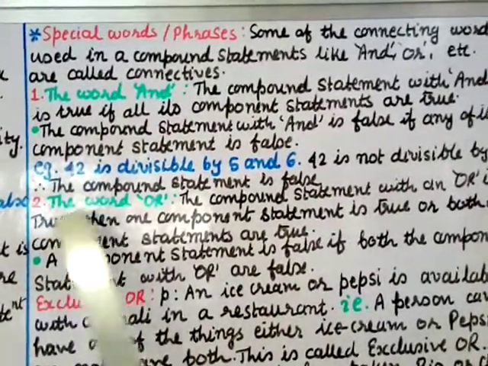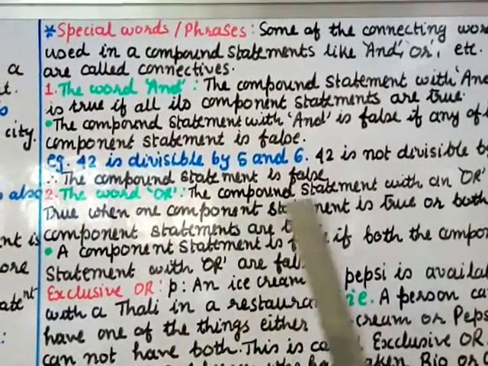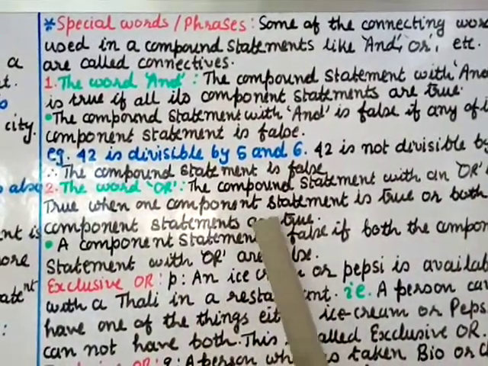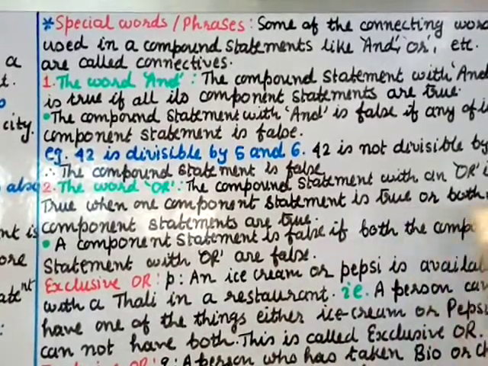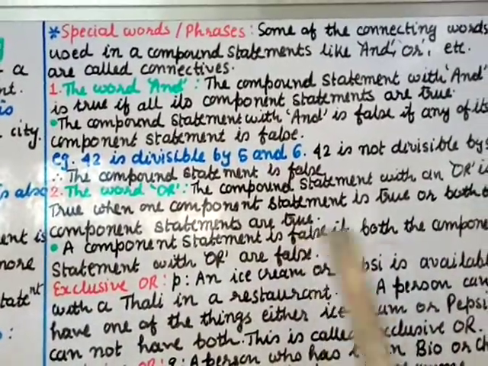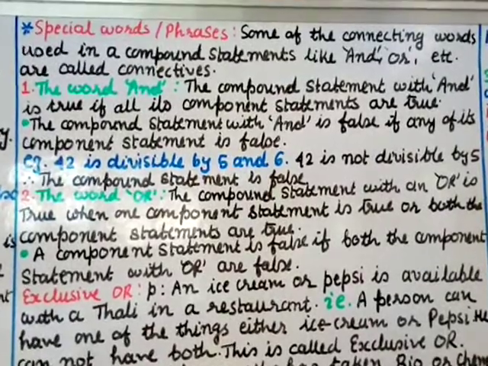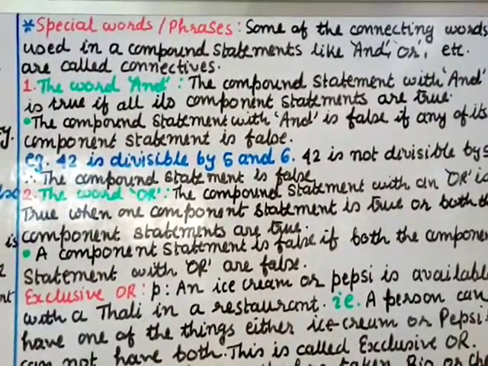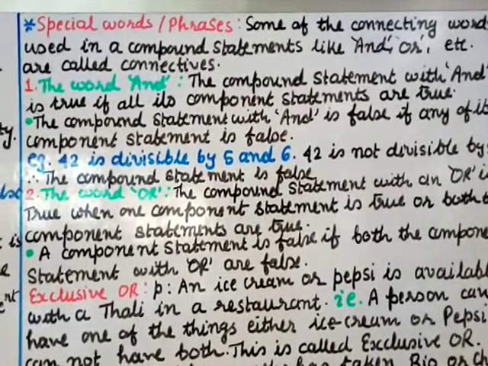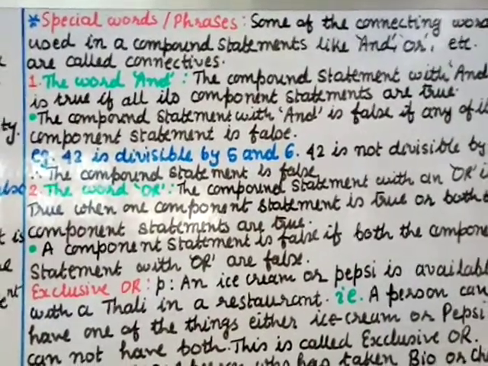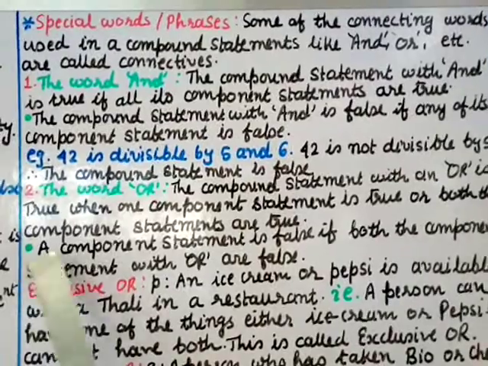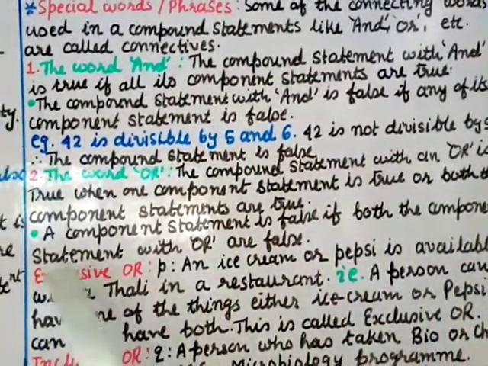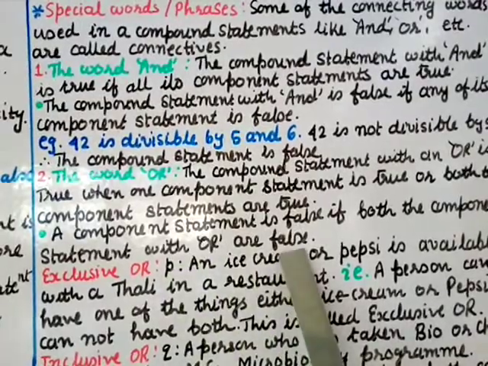Now let us see the word or. The compound statement with an or is true when one component statement is true or both the component statements are true. So if there is the word or in a compound statement, then the compound statement can be true if any one statement is true, or all the statements are true. A compound statement is false if both the component statements with or are false.